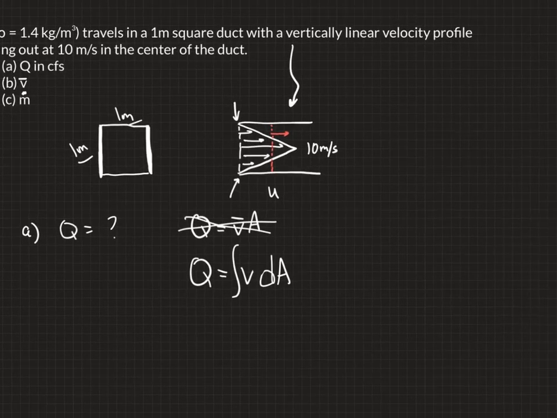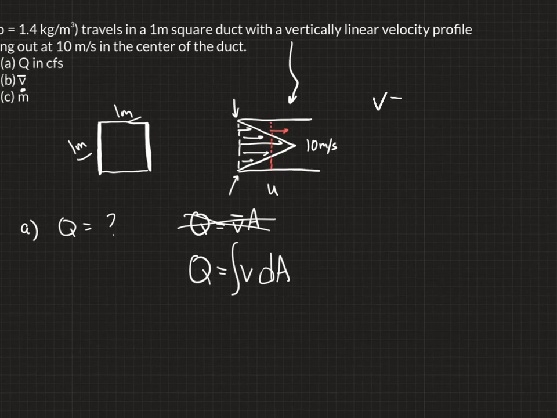So I'm going to go over here and define the velocity. I'm going to use some high school era math that maybe you have forgotten, and that's going to be v equals my plus b. I'm assuming this is a linear velocity profile, which means in high school you did y equals mx plus b. In this case we're not in the x-coordinate, we're in the y-coordinate.